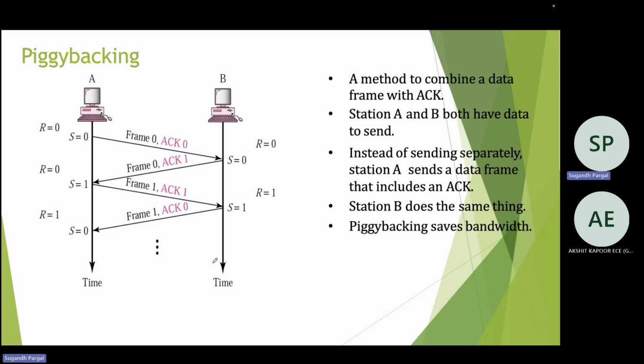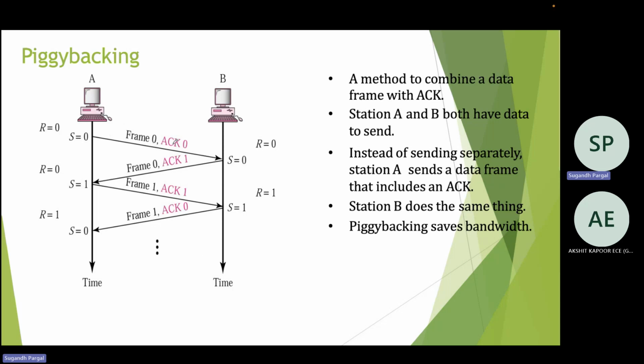To avoid this confusion, we can also use a method called piggybacking, in which a data frame is combined with the acknowledgement packet. Station A and B both have data to send, so instead of sending separately, station A sends a data frame that includes an acknowledgement, that is frame 0 with acknowledgement 0.